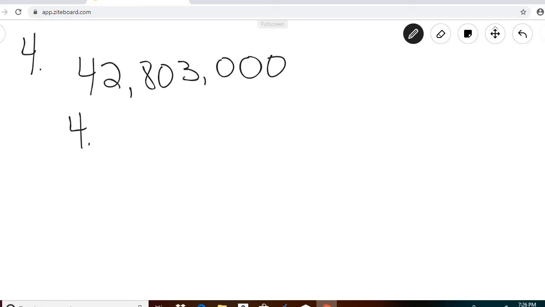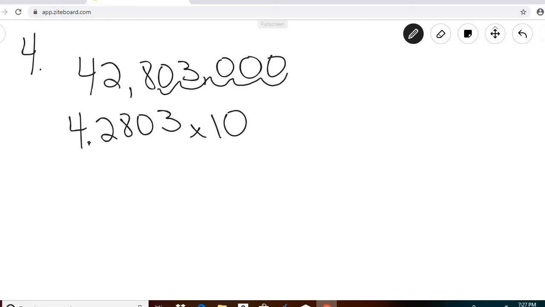So it's going to be 4.2803 times 10 to the, so how many places do we need to move the decimal place to get from here to the 4.2? So 1, 2, 3, 4, 5, 6, 7. So it would be times 10 to the 7. 4.2803 times 10 to the 7.